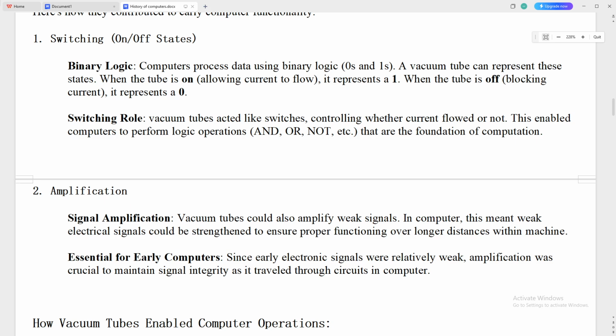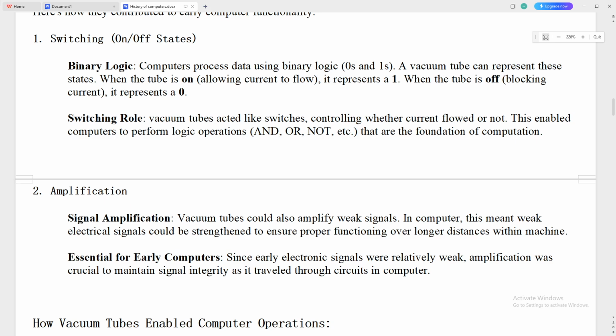We get that vacuum tubes are used for switching on and off, binary logic, and the switching role. But how are they used for amplification? First of all, signal amplification is done by vacuum tubes. How could vacuum tubes amplify weak signals in a computer? It means weak electronic signals could be strengthened to ensure proper functioning over long distances within one machine.